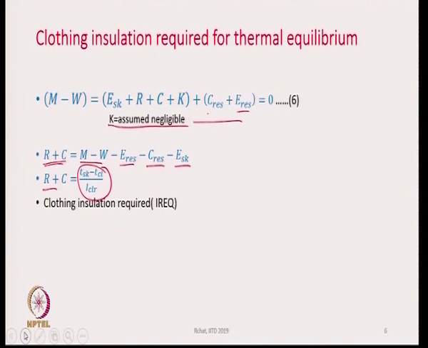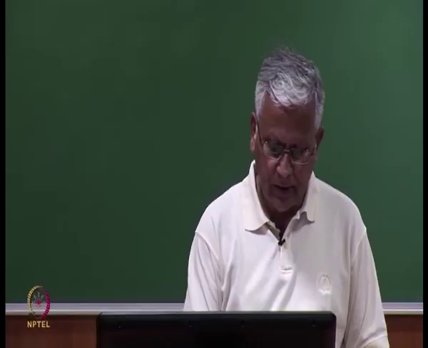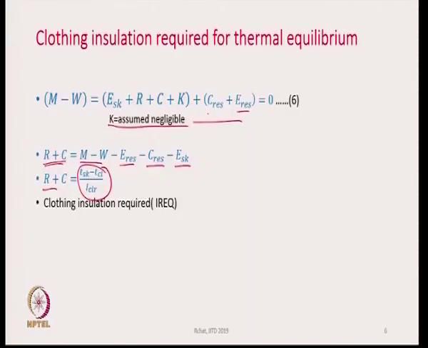Therefore, if the body is covered by some clothing, then there is an insulation value for the clothing, and we can say the heat loss because of radiation and convection put together should be the temperature difference divided by the value of the insulation of the clothing material that we have on our body. So, R plus C will be equal to the difference between the skin temperature and the clothing temperature divided by the clothing insulation.